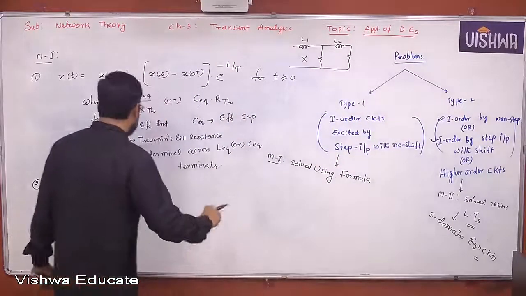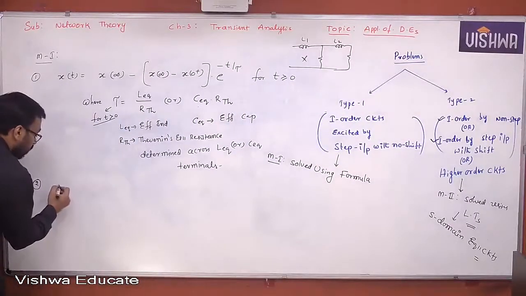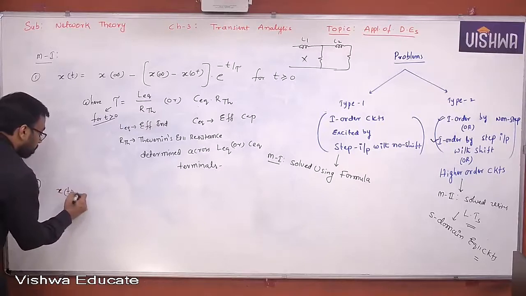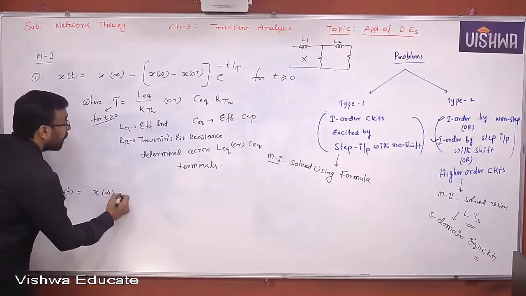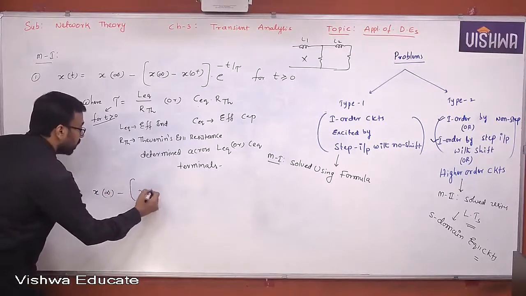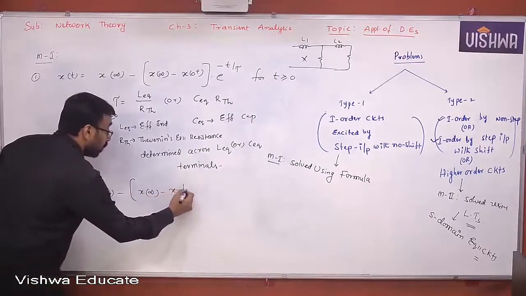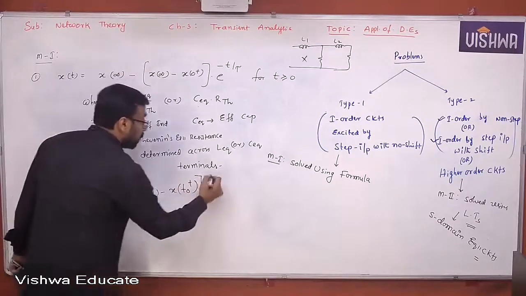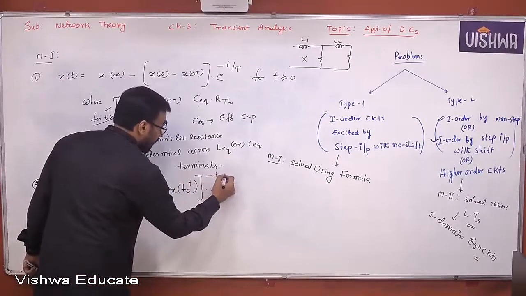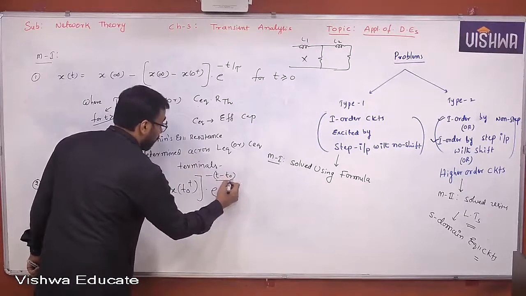If you want that response, let us say x of t will be x of infinity minus x of infinity minus x of t naught plus, into e power minus t naught by tau.